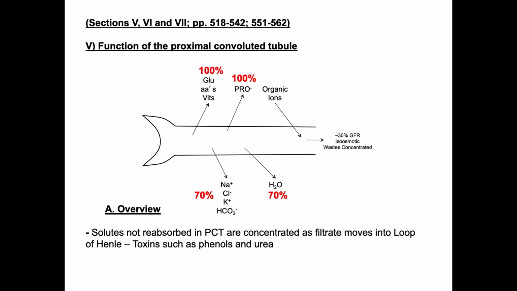As we move on and start talking about the proximal convoluted tubule, we're going to see that as ions move from one region to the next, this is going to start setting up both osmotic and concentration gradients, which can draw other ions or water from the lumen in the proximal convoluted tubule out of that space and ultimately back into the peritubular capillaries.